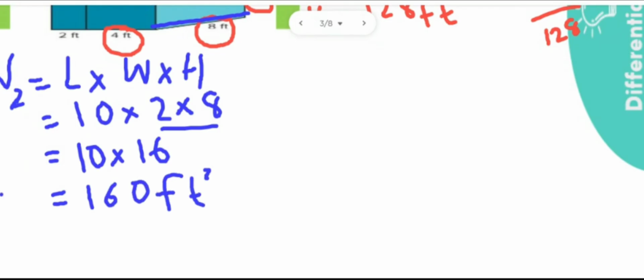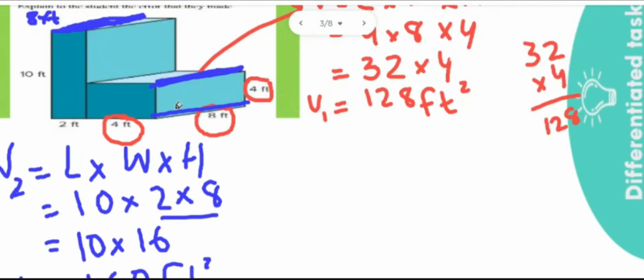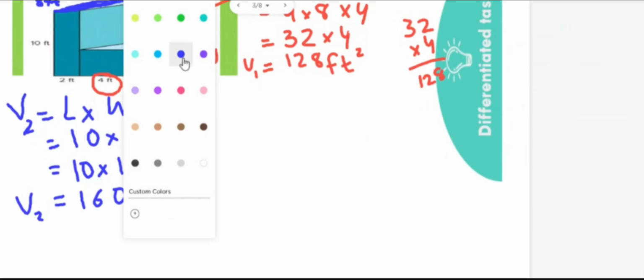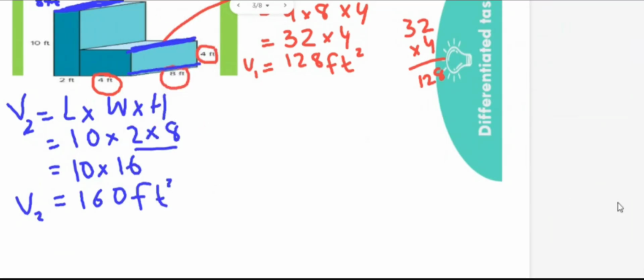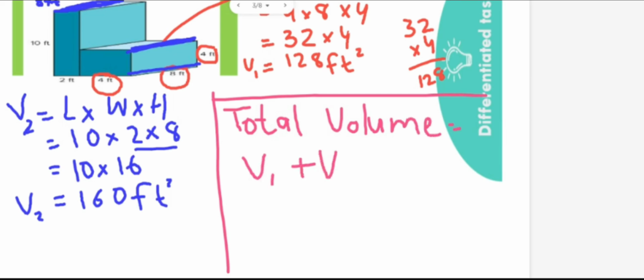Now, to find the total volume, we add both our answers, V1 and V2. Total volume will be V1 plus V2.